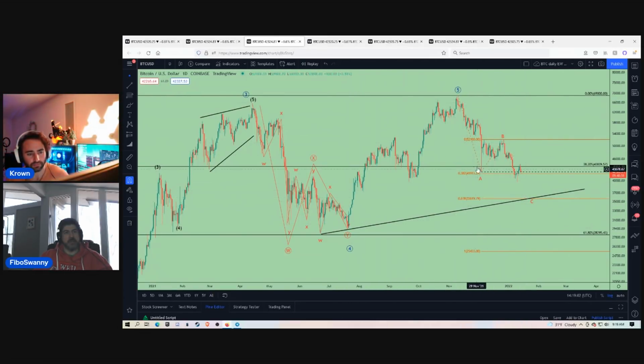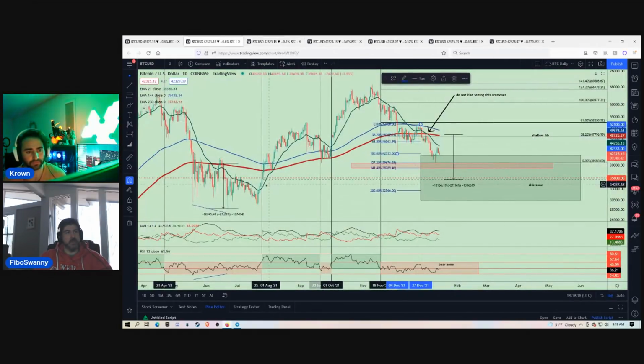And the interesting thing is if you look at the fib level on this at the 61.8% for this possible C level, it puts us right at that 35.6 level right here, which also is the trend line off of these lows. Very interesting. So to me, I like this spot right here as a possible buy spot. So that's the spot I've been waiting for. Not that I'm trying to pick a bottom, but that's my next area of high probability of a bounce. Well, I shouldn't say certainly, but very high probability.